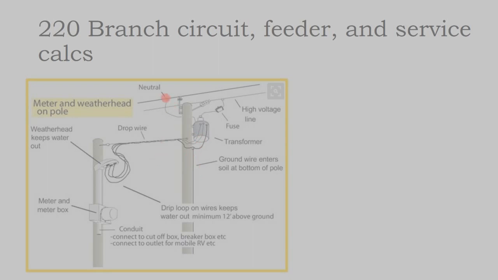And what we can see here is that the utility's neutral is actually going into the transformer too. This transformer circuit is grounded at the bottom of this pole. And then the utility conductors come along this wire and then get taped up into the masthead.